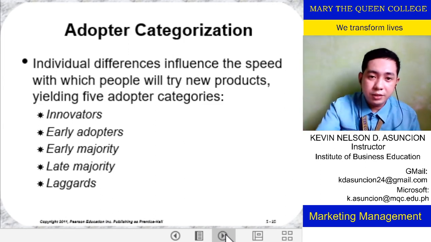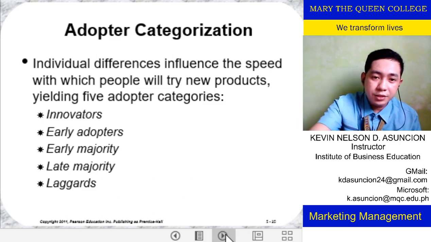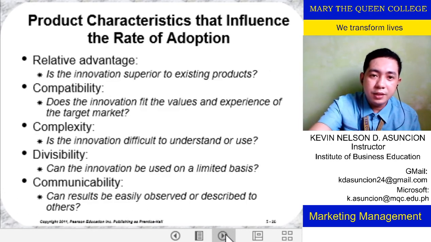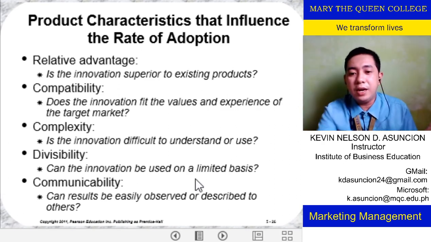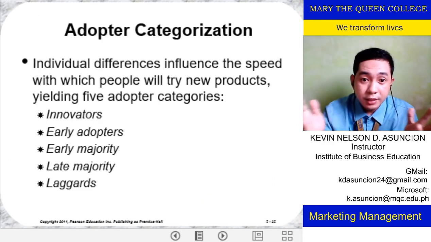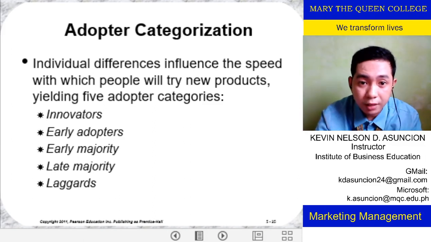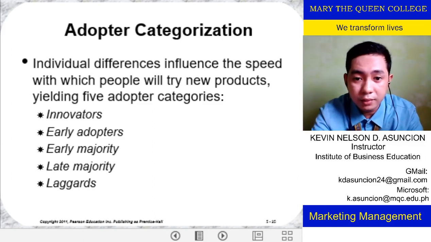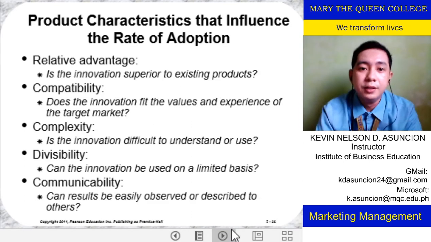Early adopters are also quick. And then the early majority and the late majority. Okay, and as the slide says, adopters differ by group. But of course, marketing can do something about that.